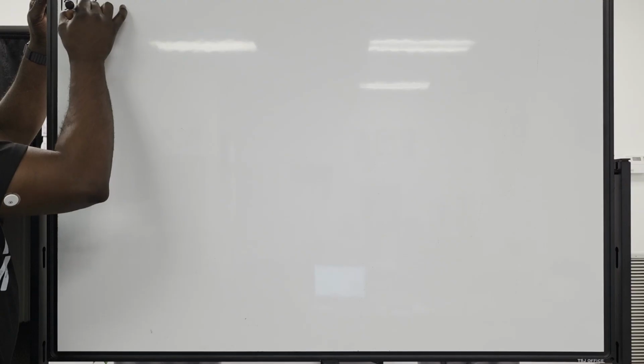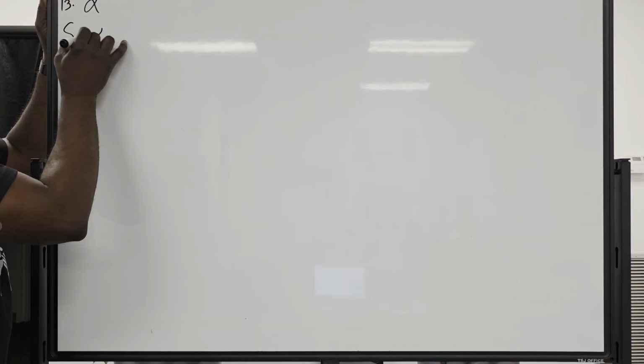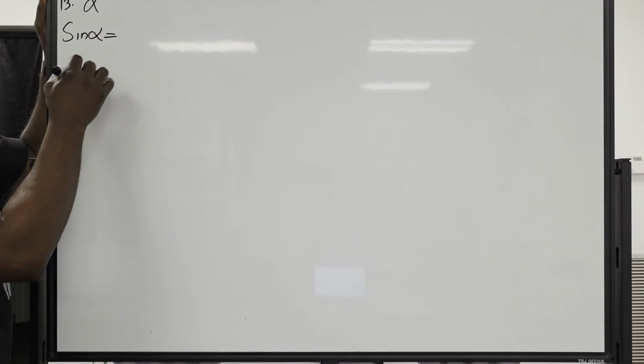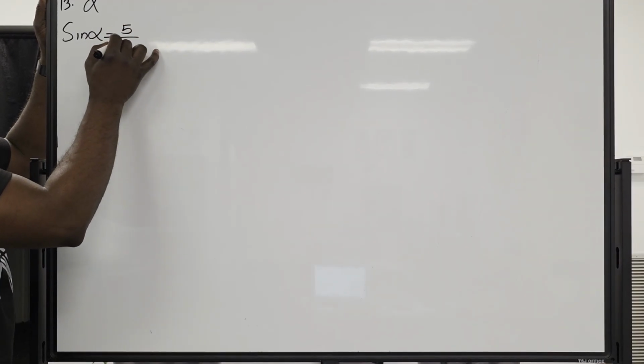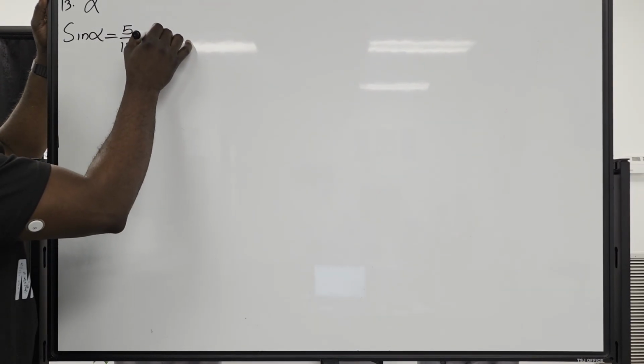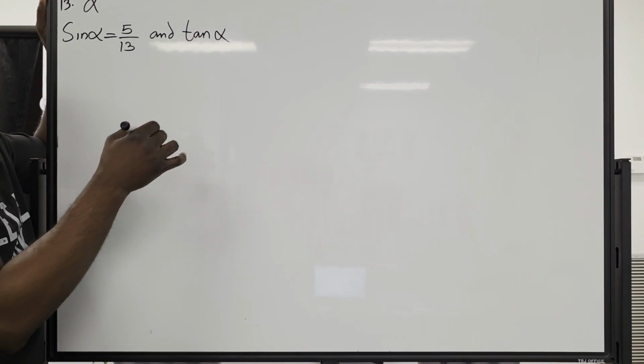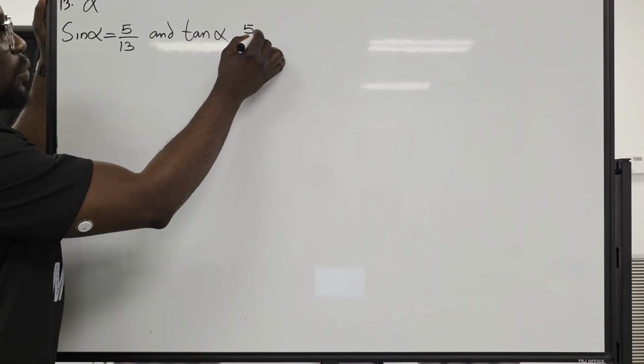So question 13. Question 13 says for an angle with a measure alpha in a right triangle, sine alpha is equal to 5 over 13, and tan alpha is equal to 5 over 12.